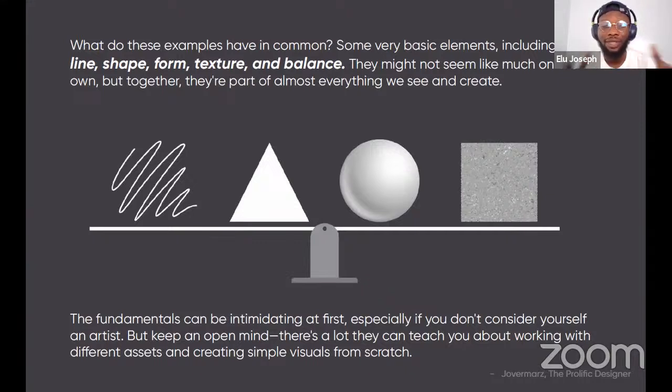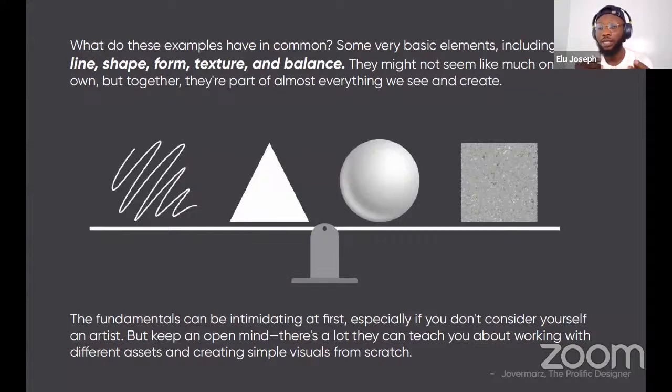It becomes a different kind of shape. If you look closely, you see a triangle, a circle, and a square. But the square has texture. The circle has form because it has shadow and perspective with the use of light. But the shape remains flat. If you add shadow to that shape, it becomes form.